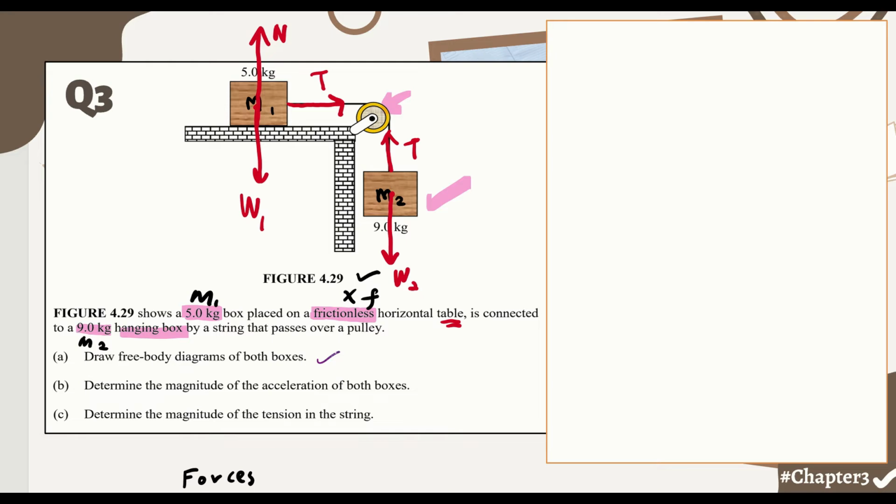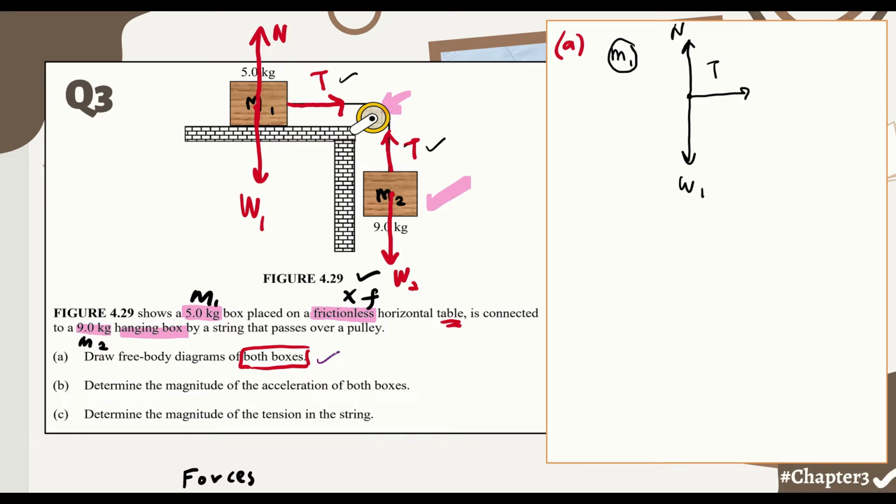Then for the free body diagram for both boxes, remember you are only allowed to draw one free body diagram for one object. So let us start with M1. For M1, we have T, we have W1, we have normal. Let us focus on these two tensions here.